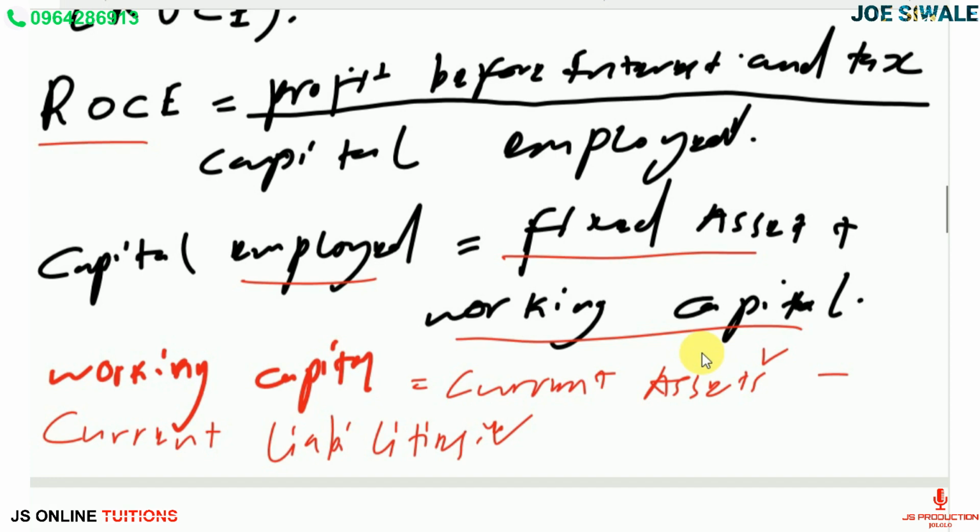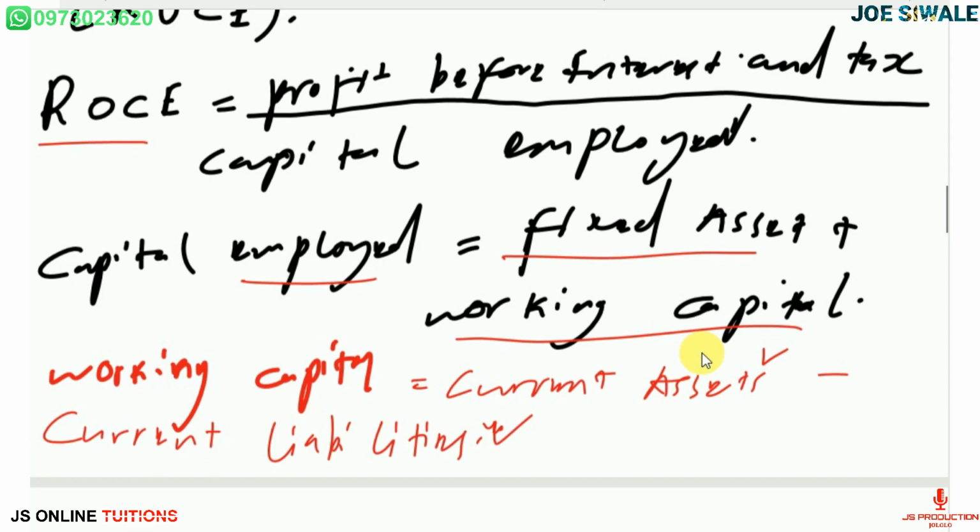In other words, this ratio relates the net profit to the level of investment used to earn it. So this type of ratio actually compares the amount of money that you actually invested with the profit that you got. So let us look at an example.